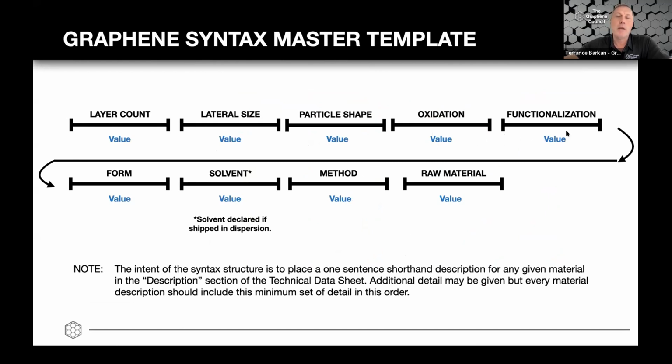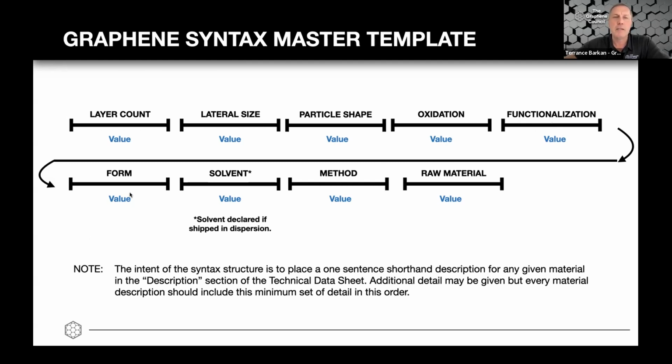And for those of you who may or may not be familiar with the term functionalization for graphene, it simply means an intended process which adds another species of elements or molecules to the graphene itself to improve its performance on a certain behavior. It might be for dispersion, for example. So functionalize is an intentional changing of the composition of the material.